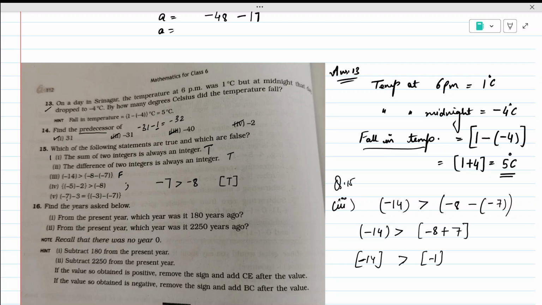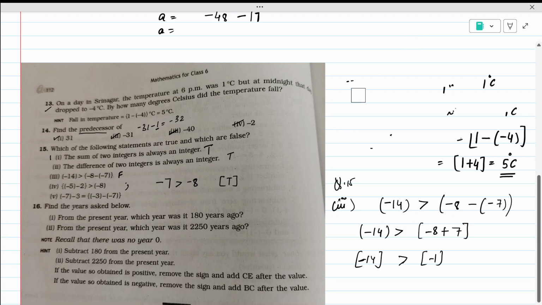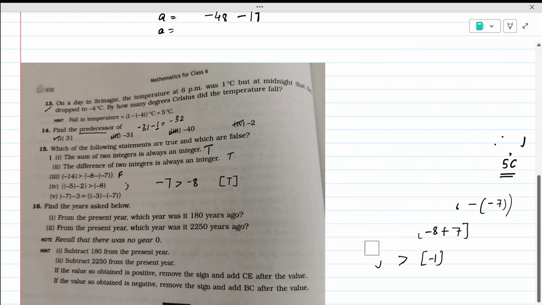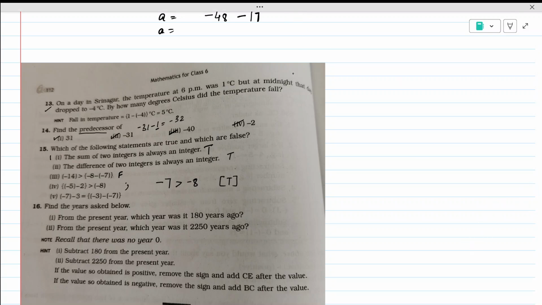The last question is minus 7 minus 3, which I am going to solve here. So kids, these sorts of questions are going to come in the examinations, and you need more and more practice of such questions.